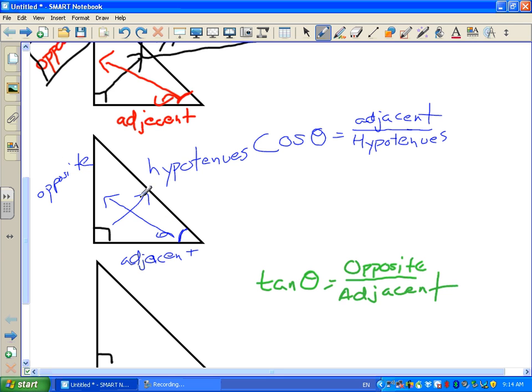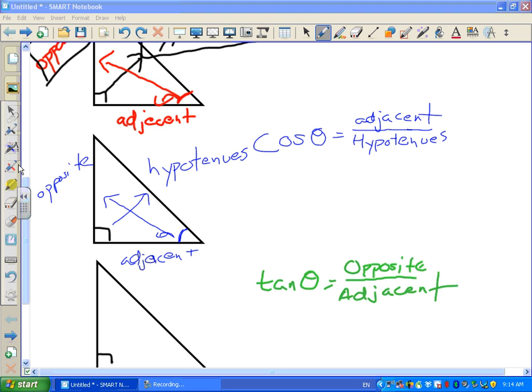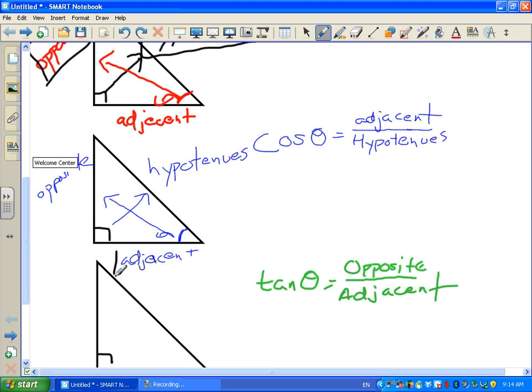Okay, so we have our adjacent side and our opposite side. When we're using cos theta, we need just the adjacent and the hypotenuse. So the two sides of the triangle we need are the length of this side and the length of this side.